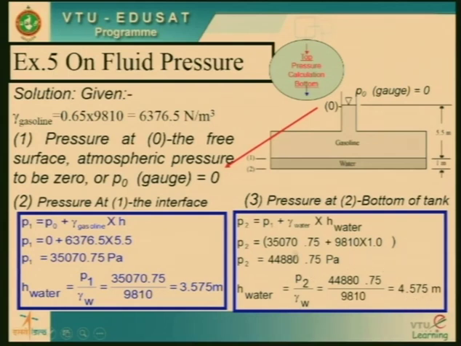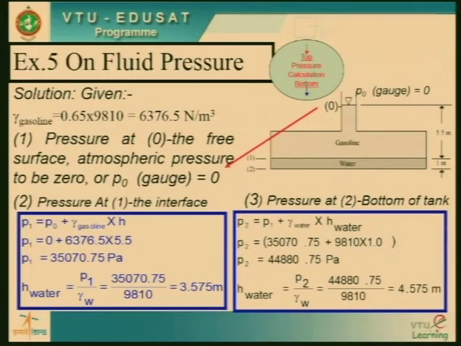So, this question is adding one more aspect to the problem. What is that? We are able to express the answer in terms of water head. We have divided the intensity of pressure P1 by gamma W, and here also P2 by gamma W. P1 by gamma W gave the answer 3.575 and P2 by gamma W has given the answer 4.575.